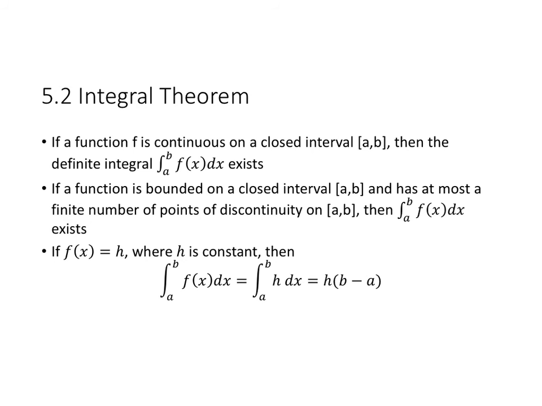If the function is a constant, then the integral of f of x dx from a to b is the constant times the length of the interval. So this just means if I have a constant height, it's going to be the height times the width. Which is exactly what a rectangle is.